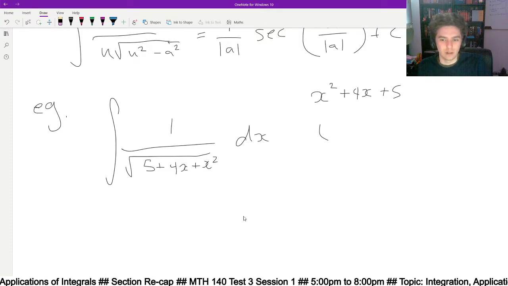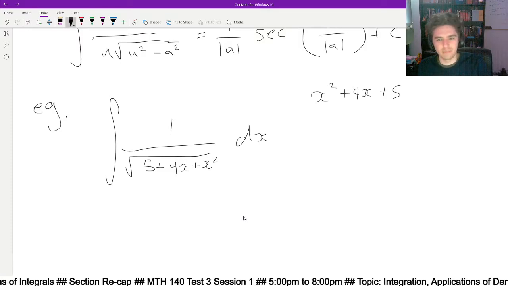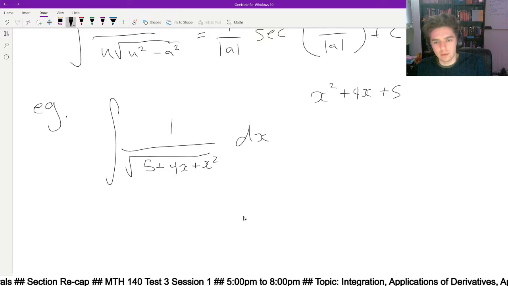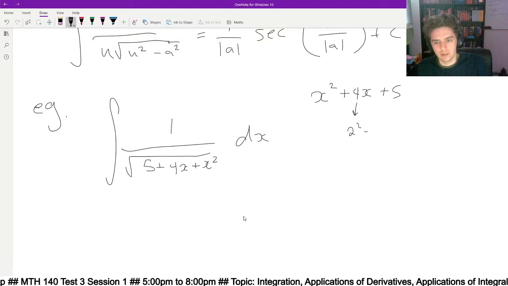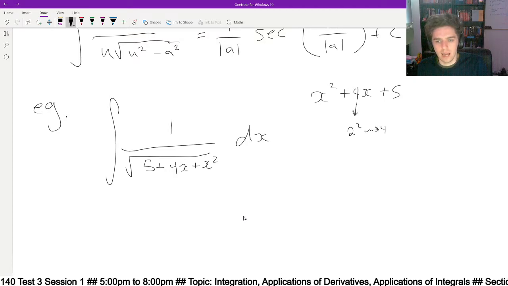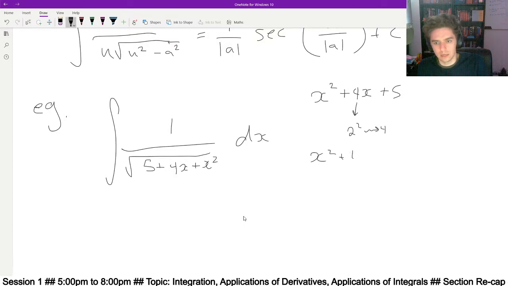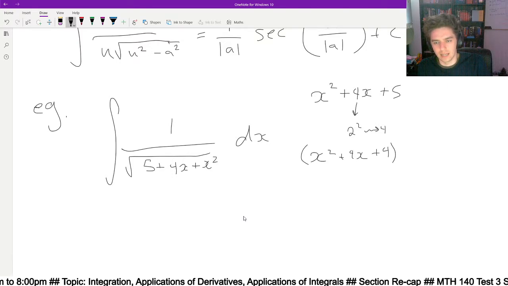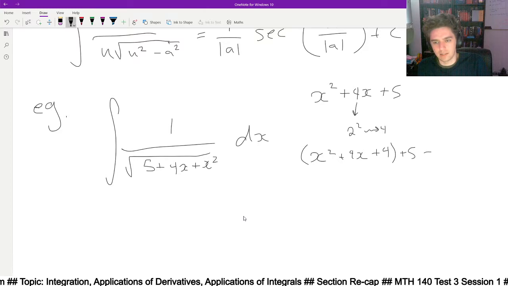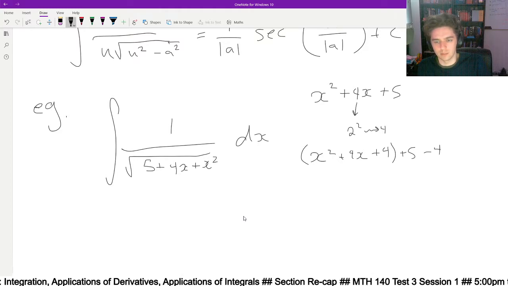Or at least hopefully c will end up being negative. So to do that, if you remember, we take the middle number, divide it by 2, and square it, right? So we get 4. That number we need to now put in here and add it in here, like that. Add 5 at the end, and then subtract 4. So we're adding and subtracting 4.